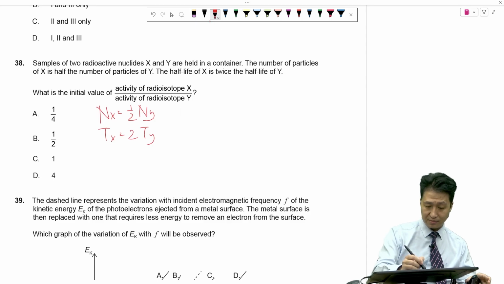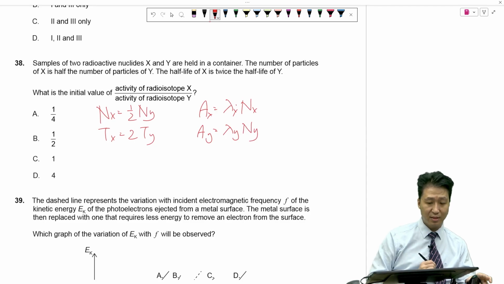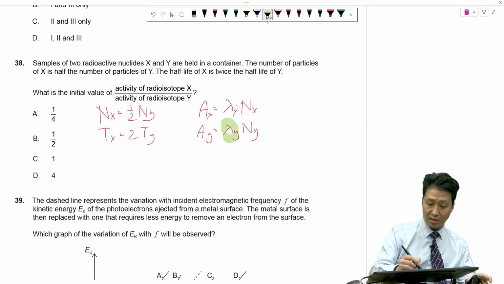To get this, activity is decay constant times the number of particles. And we just have to put activity of X, number of particles of X, decay constant of X. Then activity of Y is decay constant of Y and the number of particles of Y. But the decay constant is not the same as the half-life.